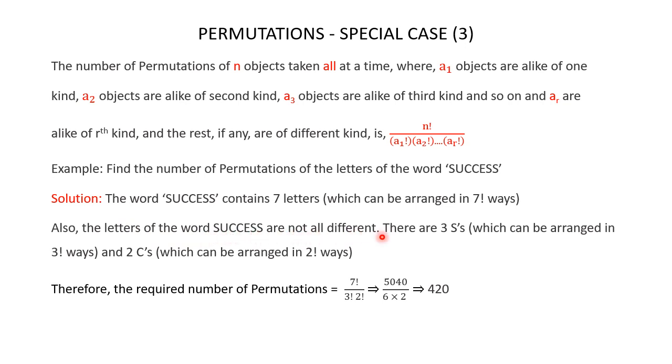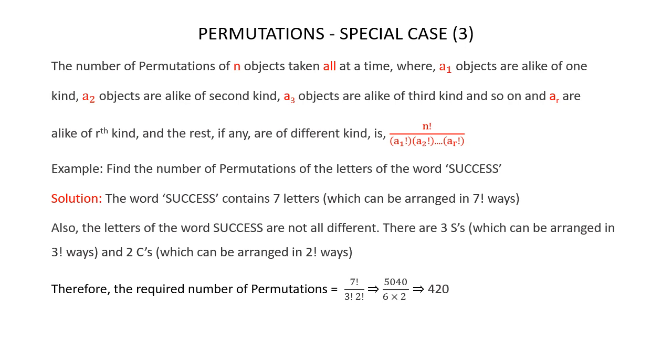There are 3 S's and 2 C's. So here A1 is 3 and these 3 S's can be arranged in 3 factorial ways, and A2 is 2 and these 2 C's can be arranged in 2 factorial ways.